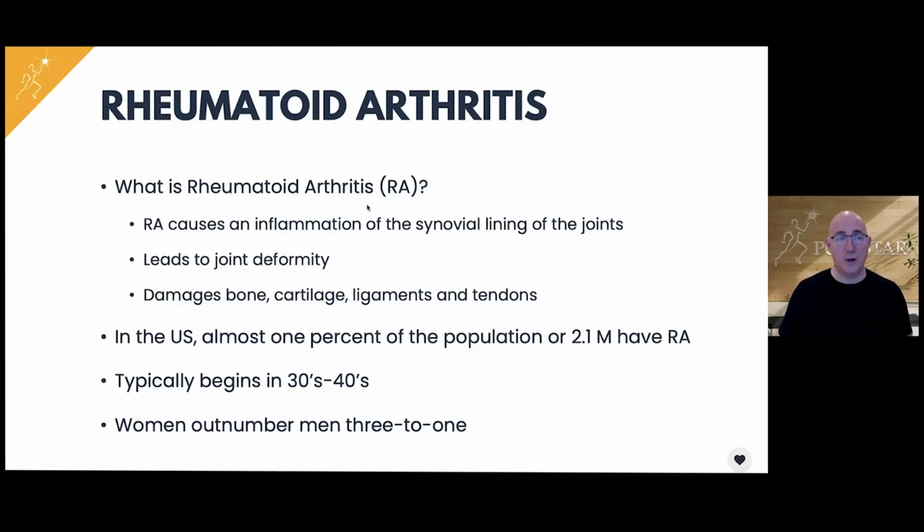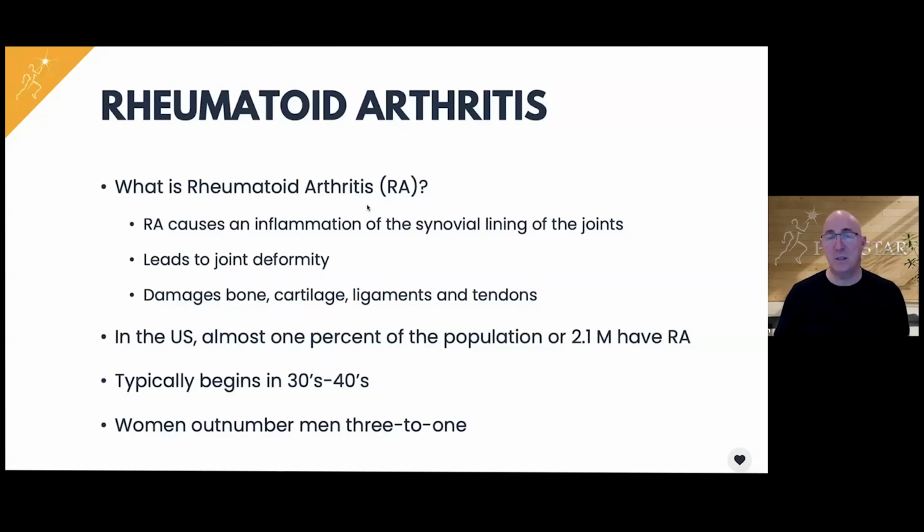So let's talk rheumatoid arthritis. What is rheumatoid arthritis? Well, RA causes an inflammation inside the synovial lining of the joint. If you remember your basic anatomy, every joint that has synovial fluid, or lubrication and movement, has a synovial membrane or lining that surrounds the capsule.